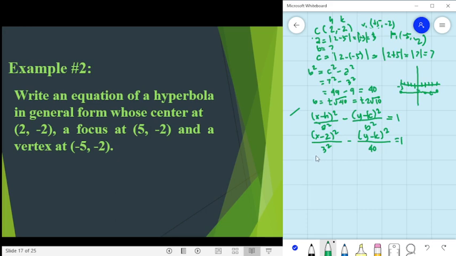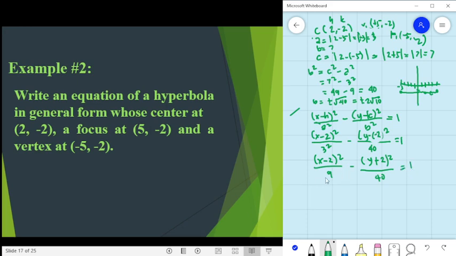So, simplifying, we now have quantity x minus 2 squared over 9 minus, we replace y minus the negative of 2. So, this becomes quantity y plus 2 squared all over 40 equals 1.